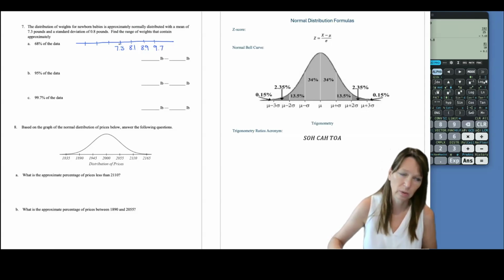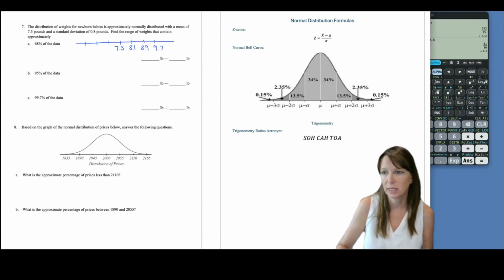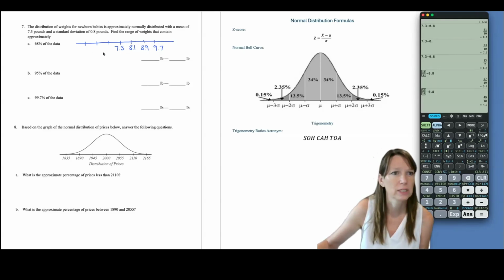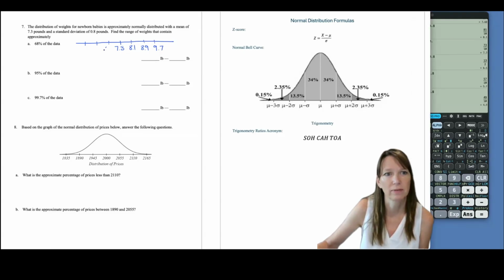And then again, on the other end, take 7.3 minus 0.8. That's 6.5, minus 0.8, and then minus 0.8. We can see those numbers there. We've got 6.5 is 1 standard deviation to the left, and then 5.7 is 2, and then 4.9. And then you'll use those numbers to fill in the rest of these.